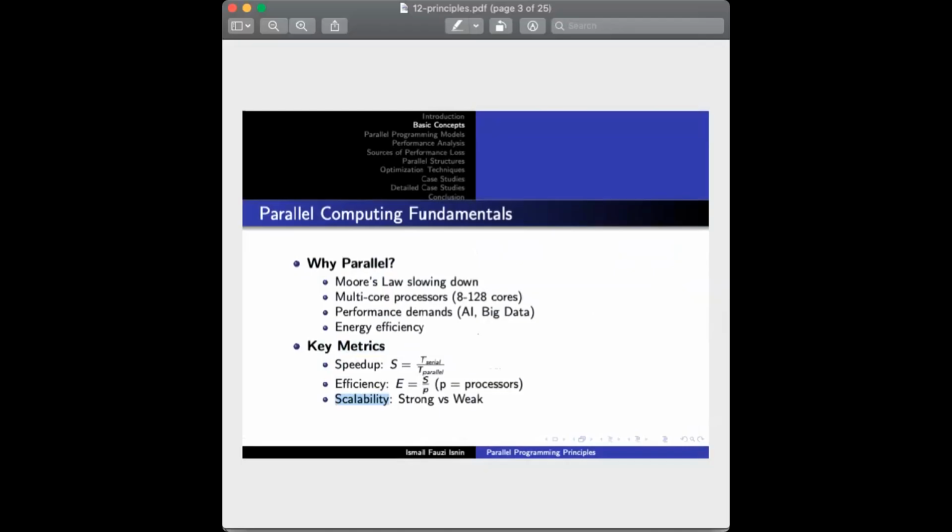So that's scalability in terms of strong and weak. These are the key metrics that we normally use to evaluate our algorithm, software, and so on. This is a very important point that we need to know.